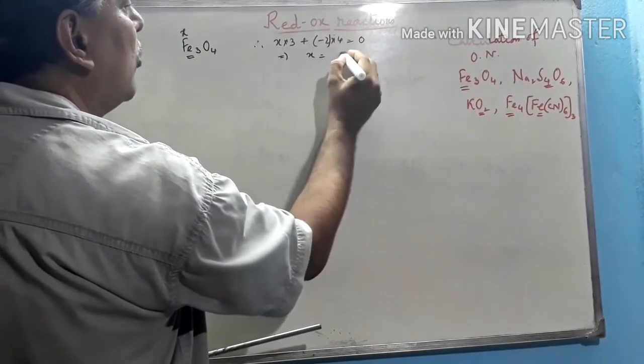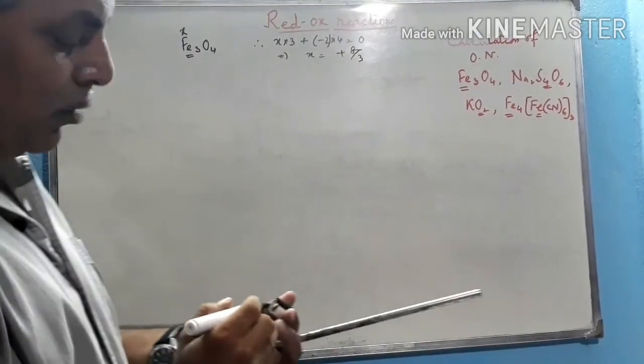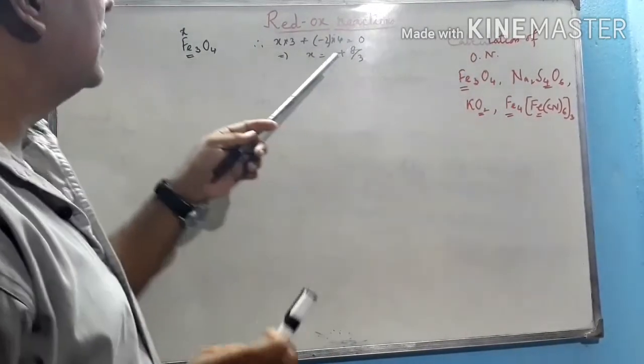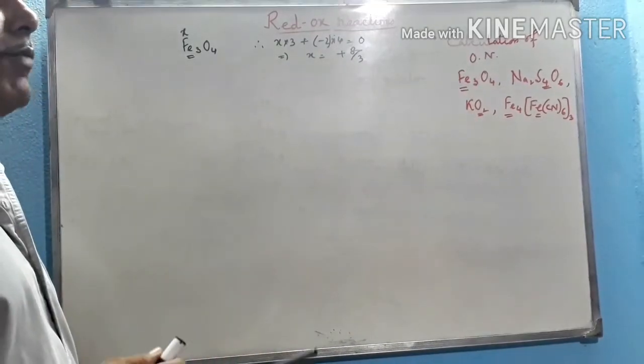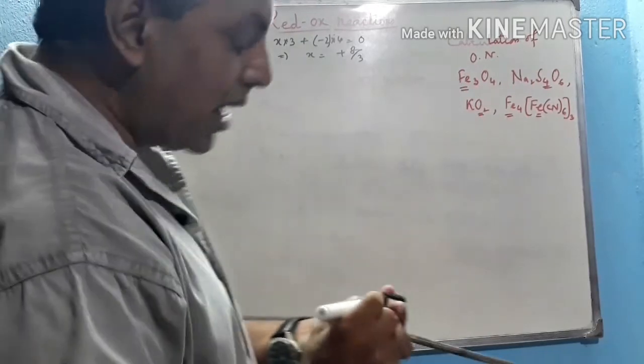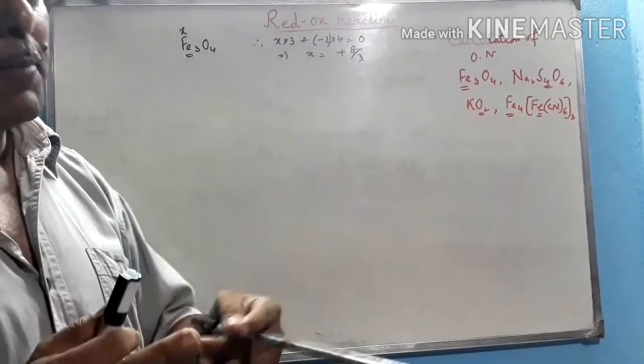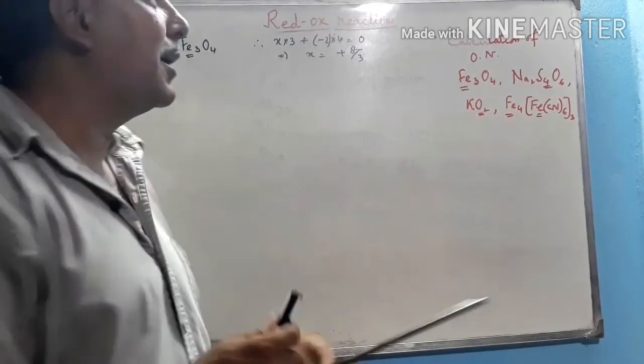Therefore X equal to plus 8 by 3. But this is a fractional number. We know that an oxidation number can be a fraction, but here it actually can't be, because electron transfer takes place and no half or one-third part of an electron can be transferred.